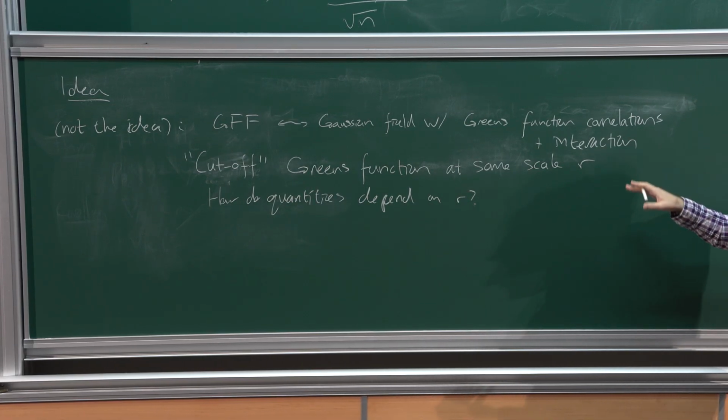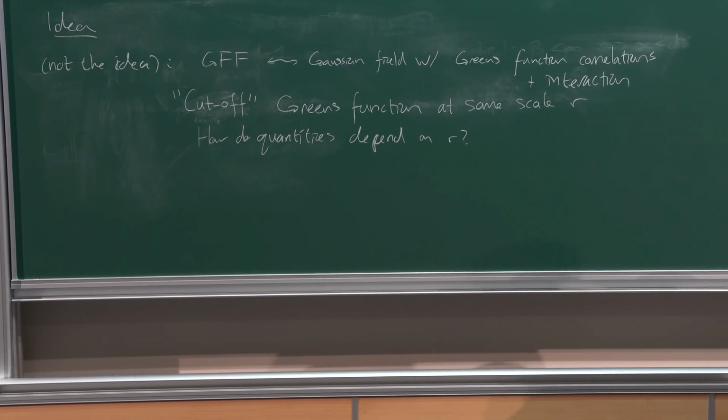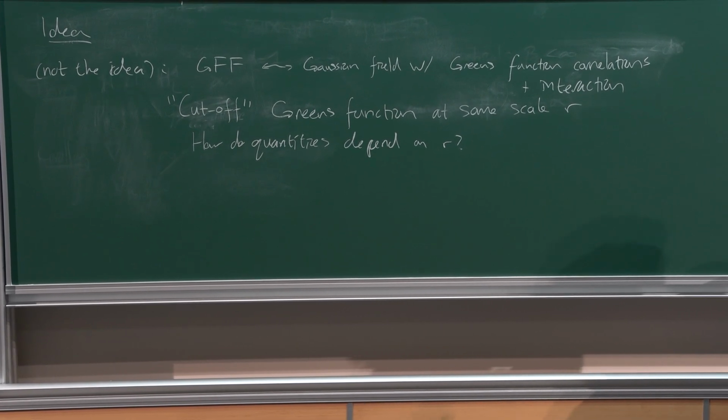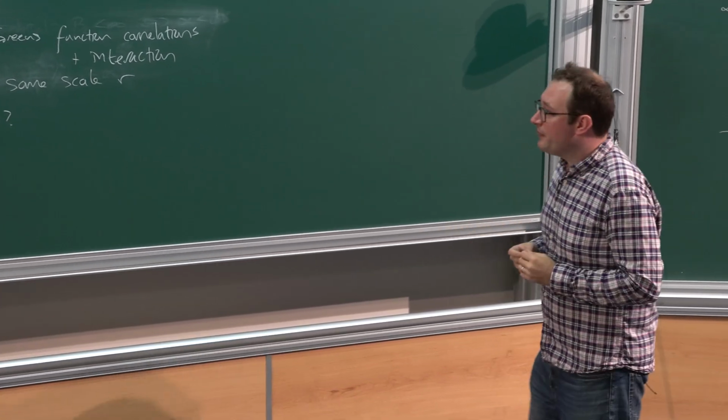For technical reasons, they often work with discrete steps, which is less nice computationally, but it can be easier to prove things about. And then eventually you want to use all your understanding of how these quantities depend on r to say something about the critical behavior of the model.